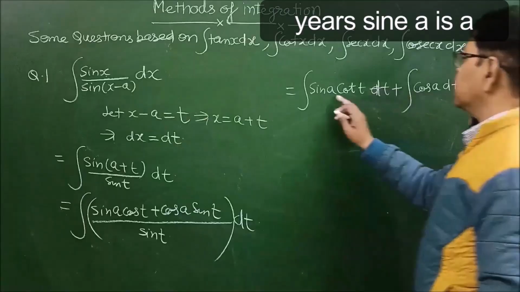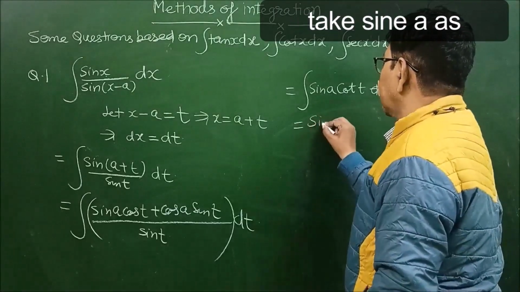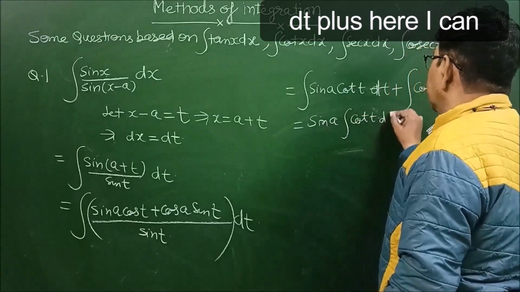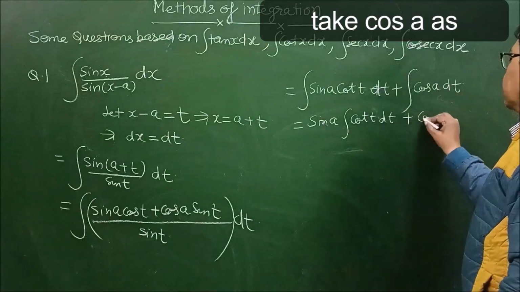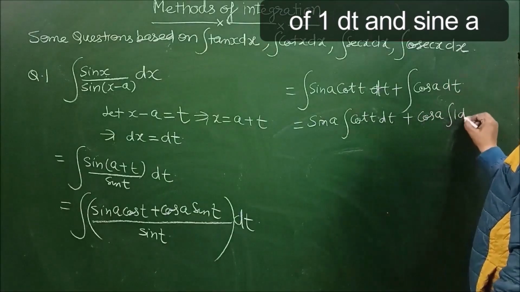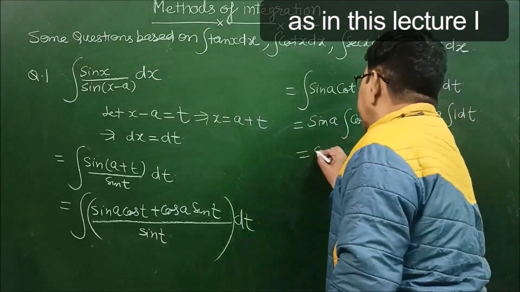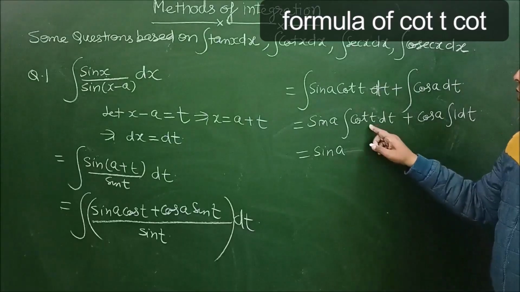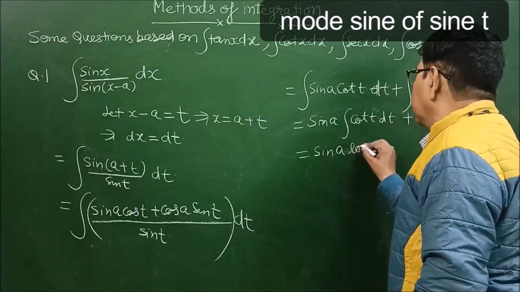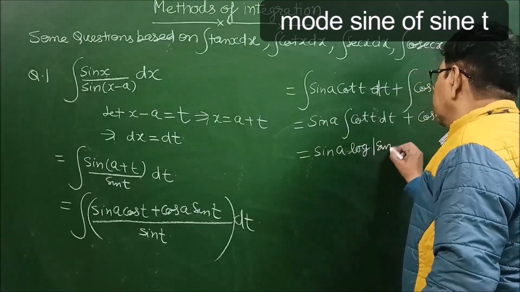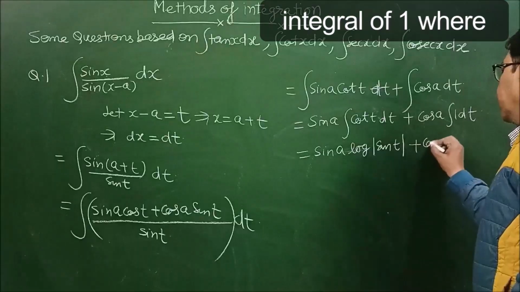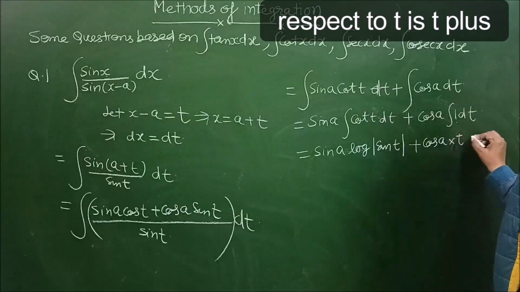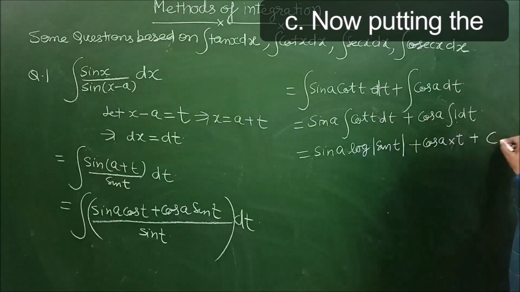Now in these two integrals, sine a is a constant, so I can take sine a as common, integration of cot t dt plus, here I can take cos a as common, integration of 1 dt. As I have told you in this lecture, the formula for the integral of cot x is log mod sine x. So sine a log mod sine t plus cos a, and the integral of 1 with respect to t is t plus c.